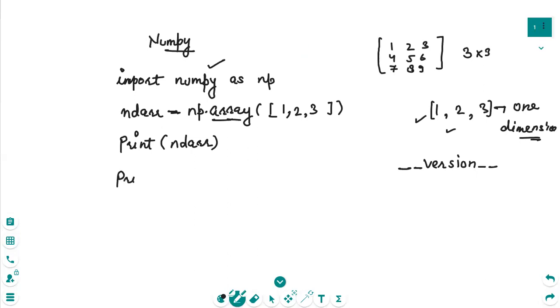Print np dot double underscore version double underscore, and now close the parenthesis. It will return the version of NumPy. Is it clear? Whatever version you have, it will return the version of the library. Is it clear?